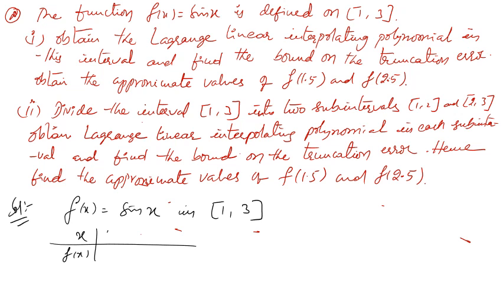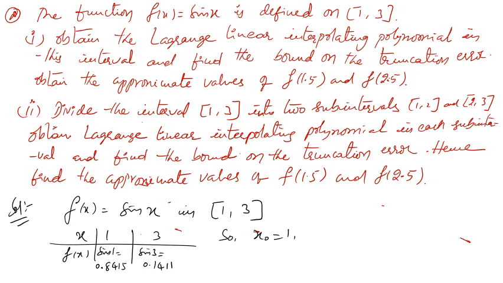Let us write 1 3. What is sin 1 value? Sin 1 equal to, and sin 3 equal to. Sin 1 value is 0.8415. Sin 3 value is 0.1411.